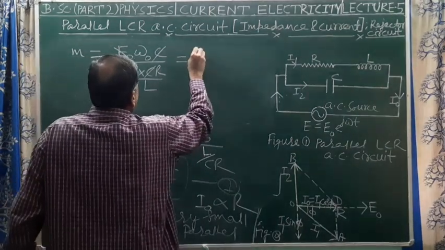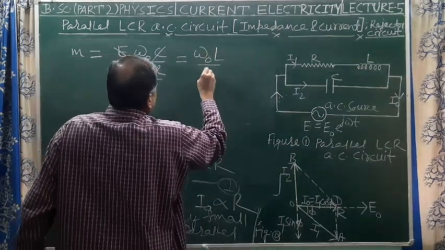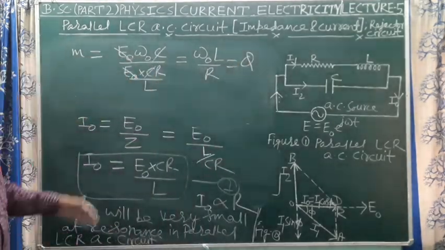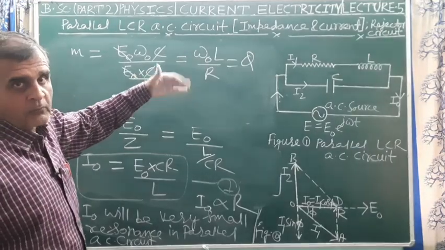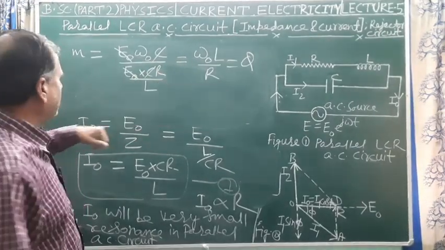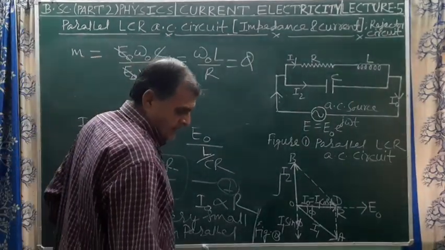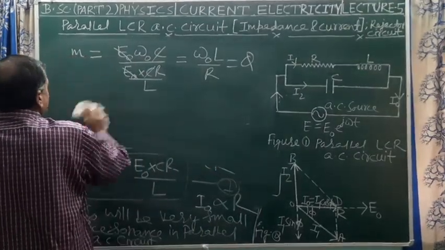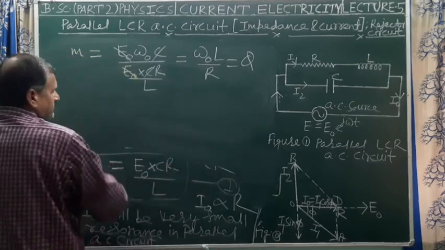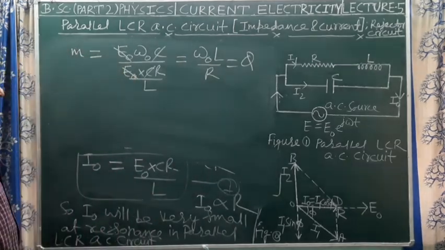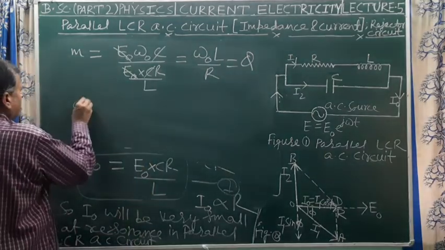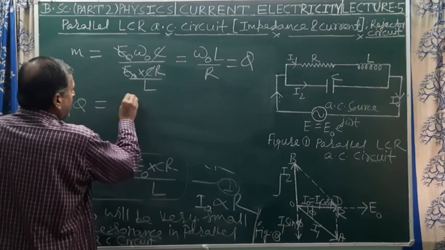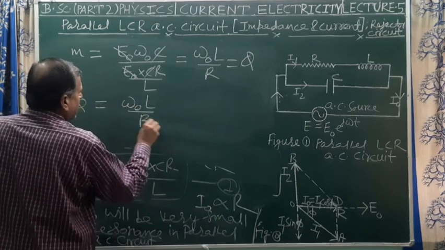So we are left with omega naught L upon capital R, and it is the quality factor, which is denoted by Q. We have already obtained this formula for the quality factor in the series LCR AC circuit. So the current magnification, small m, is equal to the quality factor of the parallel LCR AC circuit. So capital Q is equal to omega naught L upon capital R.